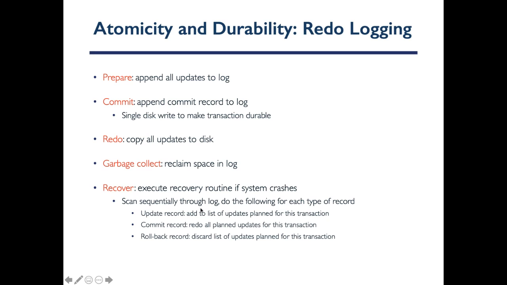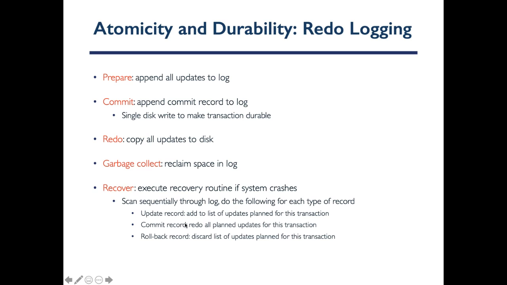Now you go through all the records in your log file, and you do the following based on the type of that record. If that record is just an update, then you add it to the list of updates that you're planning to do.